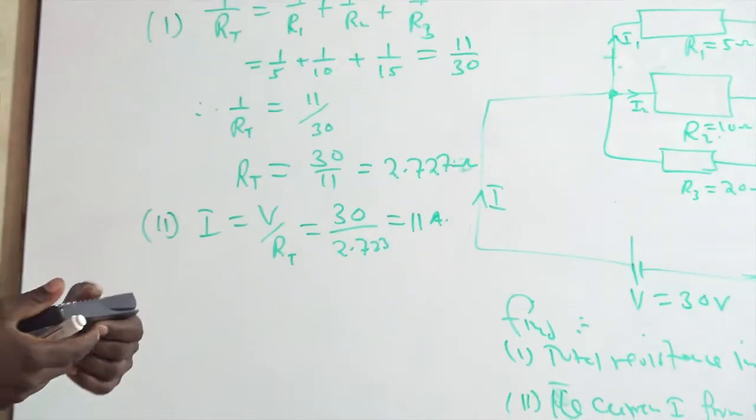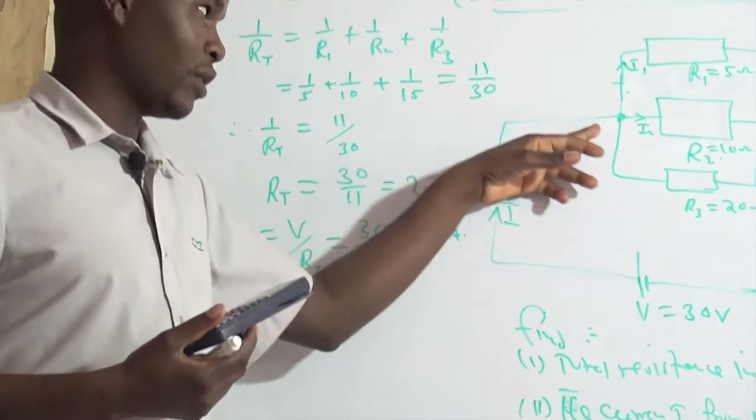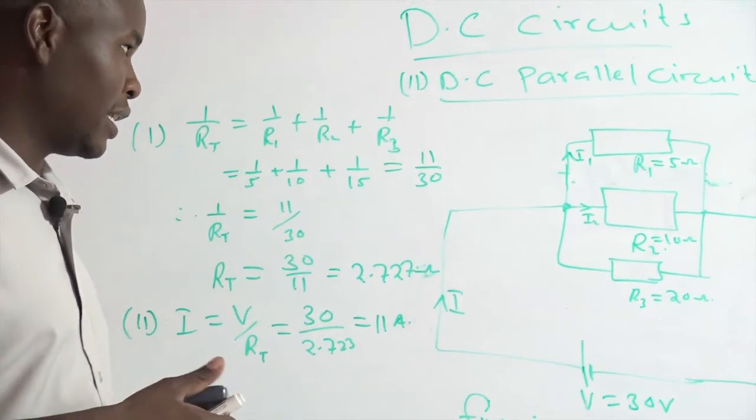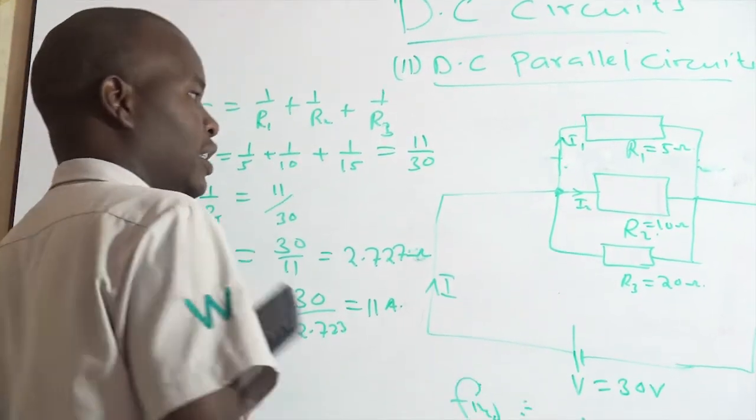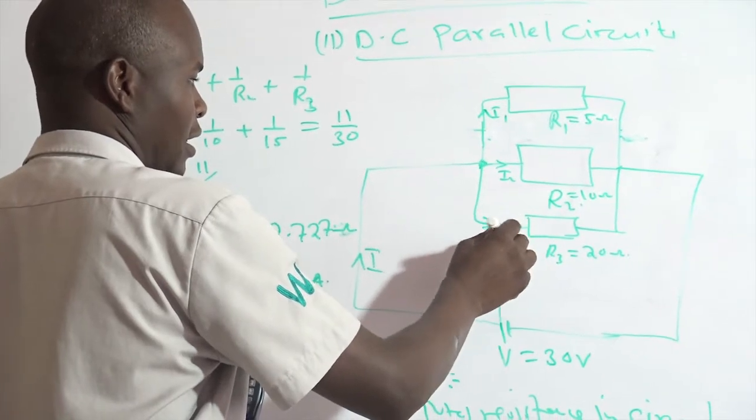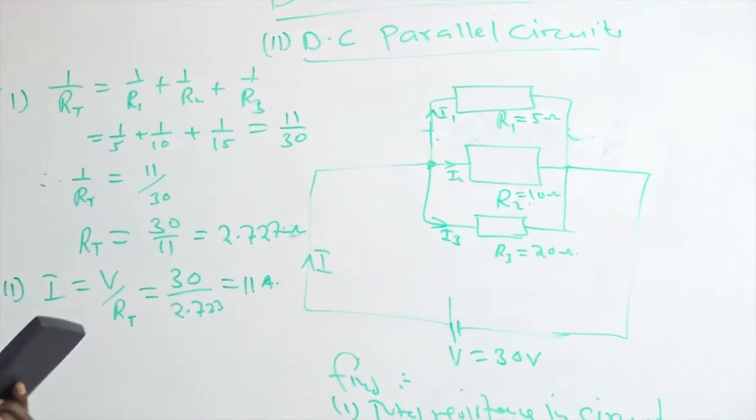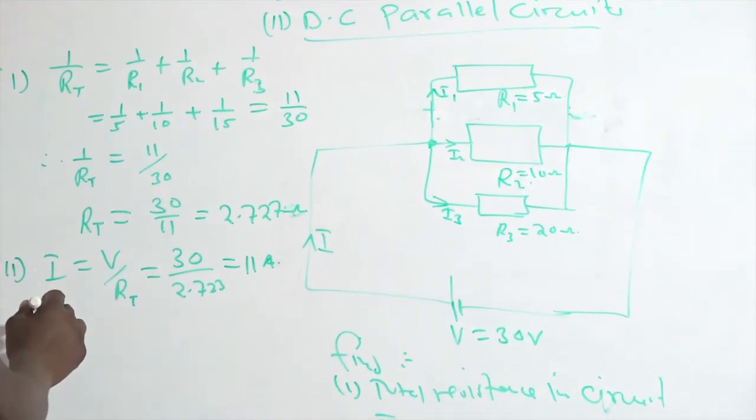So this 11 amperes is the current entering the junction. After reaching the junction, it will split into currents I1, I2, and I3.